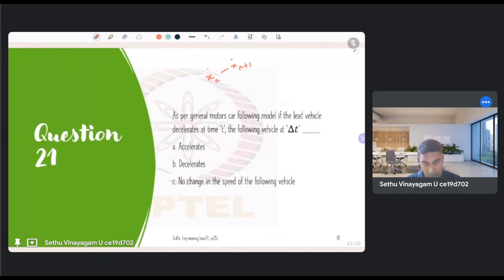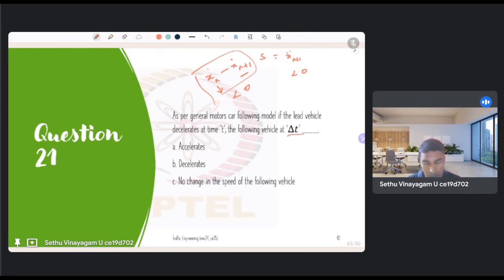So when the lead vehicle decelerates, this is going down, and this is remaining constant, which means that this whole value is going to be negative. This value is multiplied by some sensitivity term, which is a non-negative value. So the response will be negative. The response is nothing but the acceleration or the deceleration of the following vehicle. So if it is negative, the following vehicle will decelerate, right?